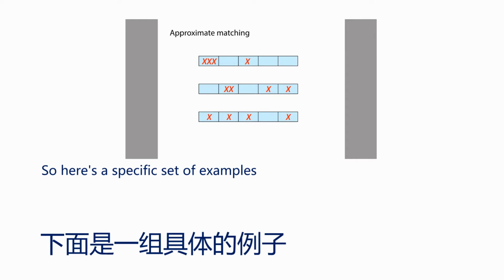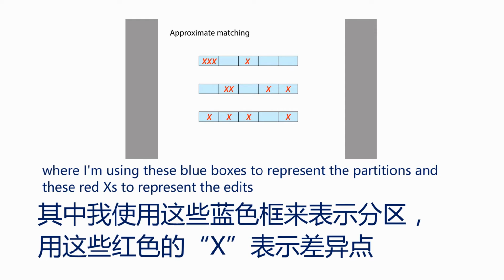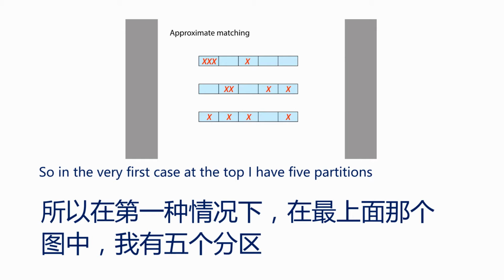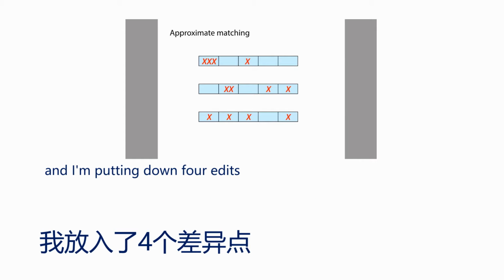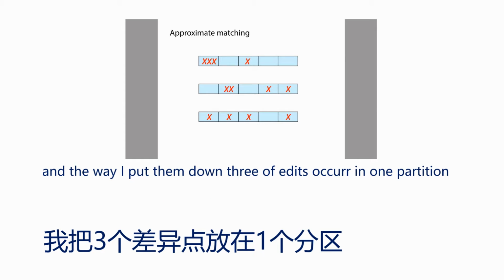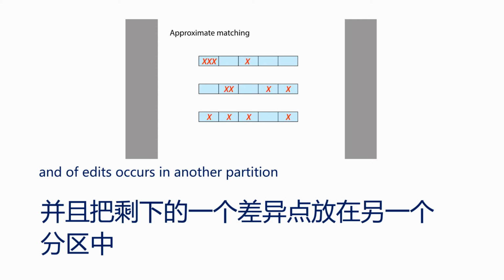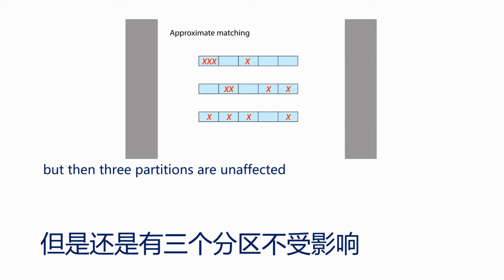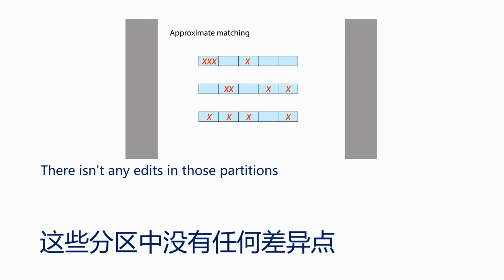So here's a specific set of examples where I'm using these blue boxes to represent the partitions and these red x's to represent the edits. So in the very first case at the top, I have 5 partitions and I'm putting down 4 edits, and the way I've put them down, 3 of the edits occur in one partition and then 1 of the edits occurs in another partition, but then 3 partitions are unaffected. There aren't any edits in those partitions.